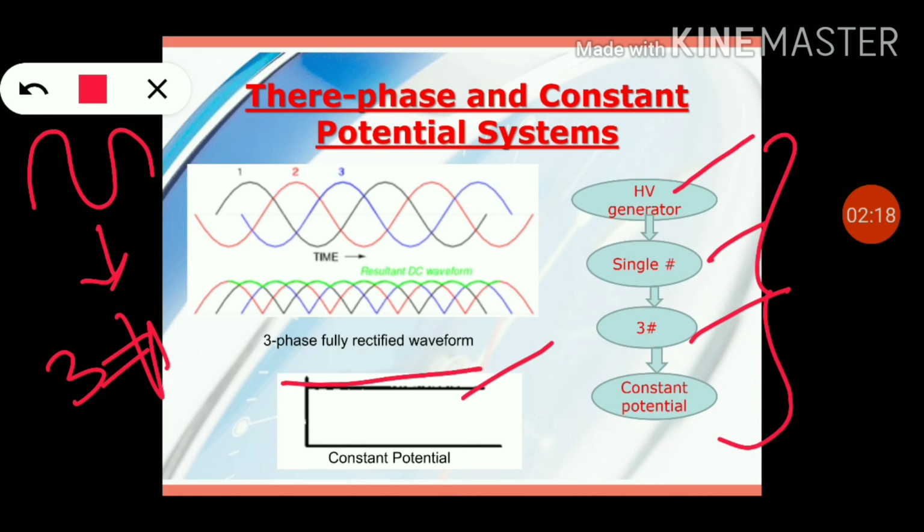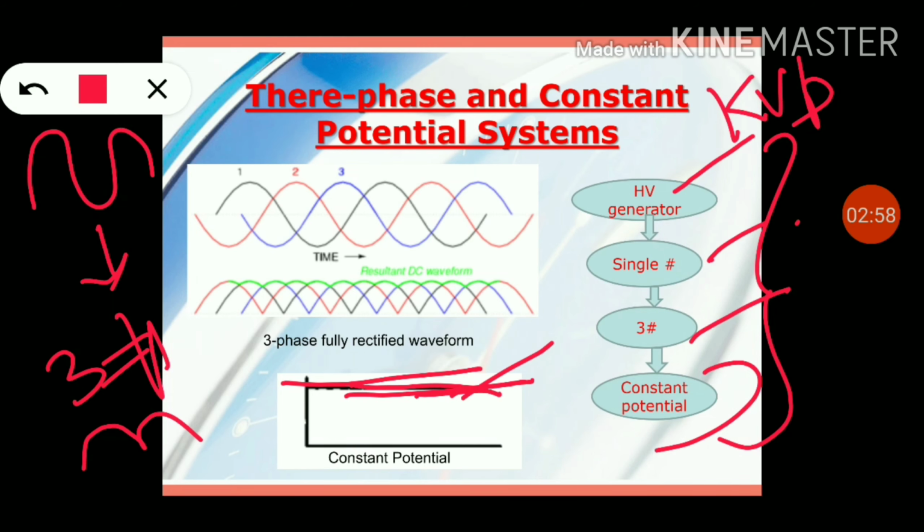Constant potential solves the problem of voltage rippling by delivering a continuous and uninterrupted voltage. So there is no rippling. High frequency generators fully rectify the AC current and supply the X-ray tube with DC current. That will result in a constant stream of consistent radiation. That's why the term kV is used instead of kVp, because it gives consistent radiation.